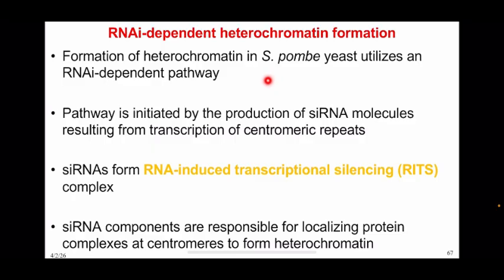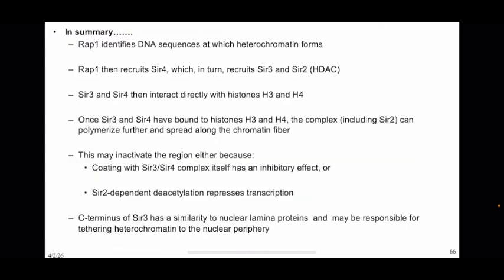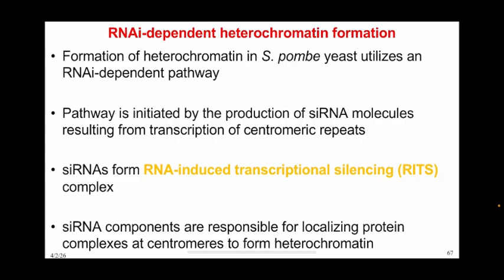The formation of heterochromatin at the telomeric region was RAP1 binding to Sir3, Sir4, then recruiting Sir2, right? But silencing of HML and HMR involved three sequence-specific factors: RAP1, ABF1, and the ORC, and also Sir1.